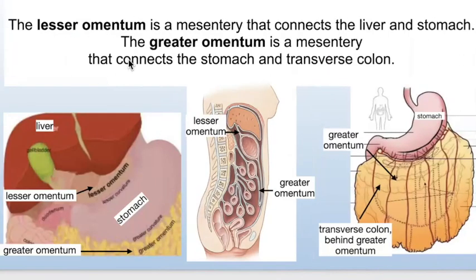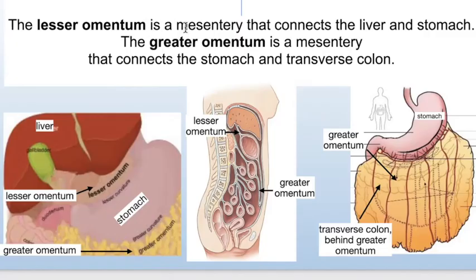Okay, the lesser omentum is a mesentery that connects the liver and the stomach. The greater omentum is a mesentery that connects the stomach and transverse colon. Omentums are called omentums instead of just plain mesenteries because they connect two organs rather than being a mesentery that suspends an organ from the wall of the peritoneal cavity.